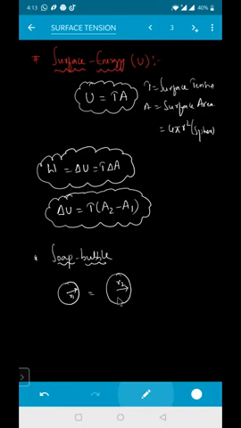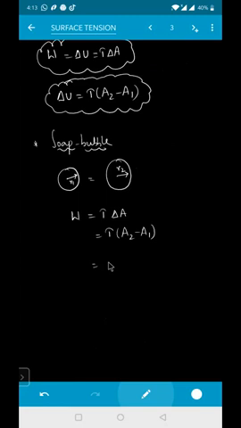What is the work done to increase it? The work done will be equal to surface tension into change in area, that is A2 minus A1. The area of a sphere is 4 pi R square.